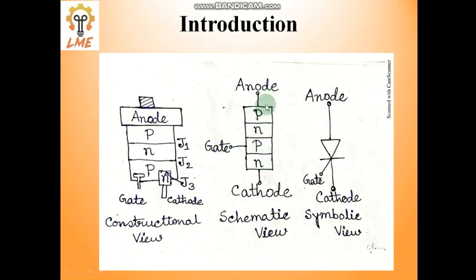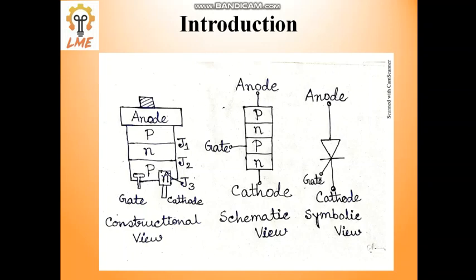It means when the anode is positive and cathode is negative, current will still not flow like a diode. Here, current will flow only when the gate terminal is triggered. In case of a diode, with anode positive and cathode negative, current will flow. But in case of SCR, with anode positive and cathode negative, current will still not flow. Only if the gate is triggered with the same condition, anode positive and cathode negative, then current will flow.